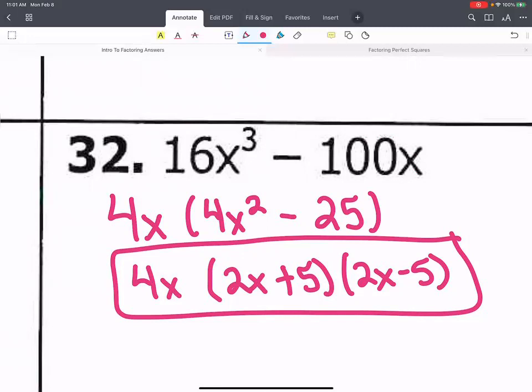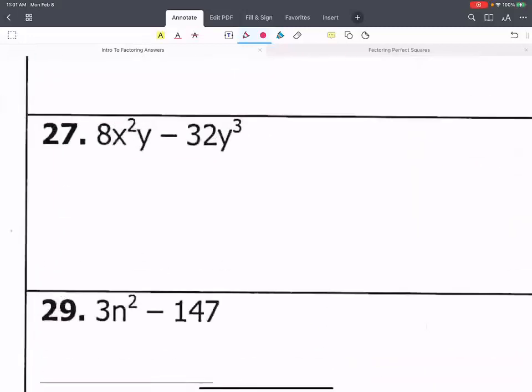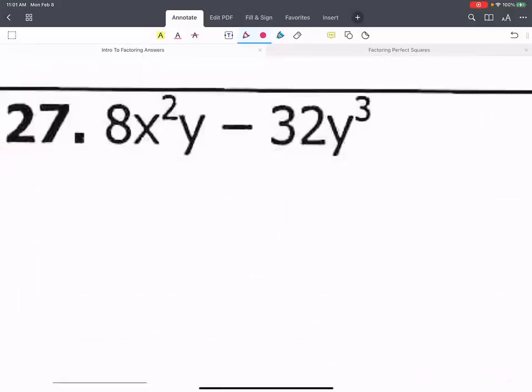Need to see 27? Here we go. All right, Terry, why don't you help me on 27? Do it with me. What's my greatest common factor here? What goes into 8 and 32? I got one bigger. 8. And then I have an x squared in the first term, but I don't have one in the second term.